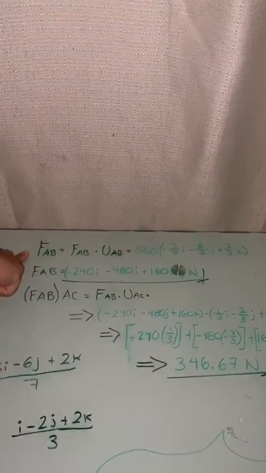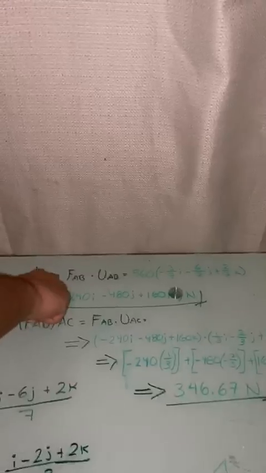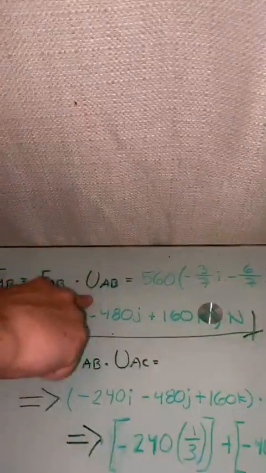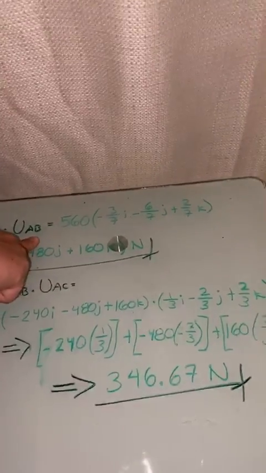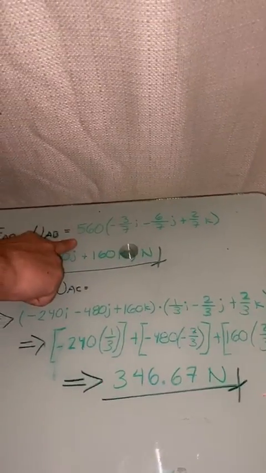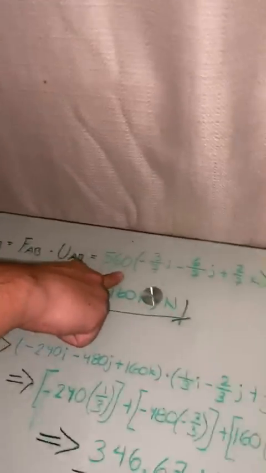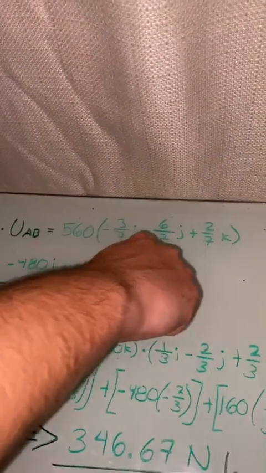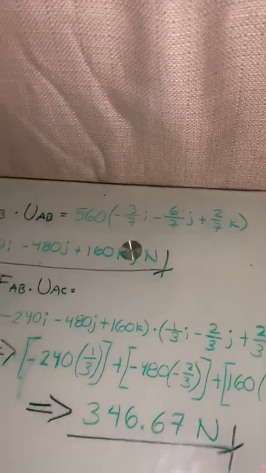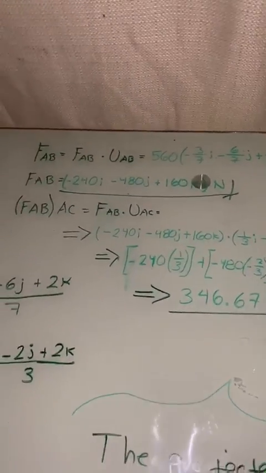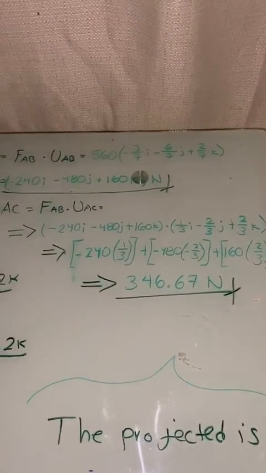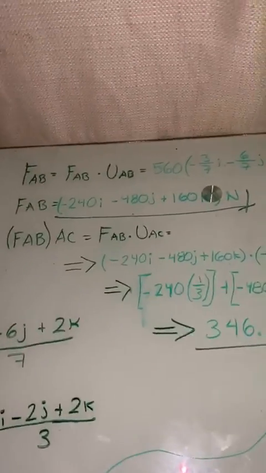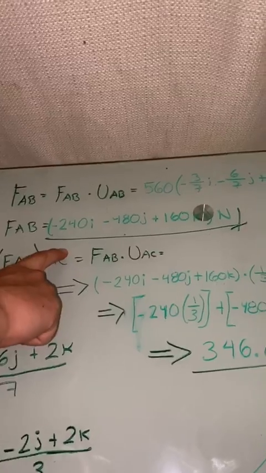This force is equal to force AB multiplied by UAB. This is equal to 560 times UAB. This result. The result of FAB is equal to this.